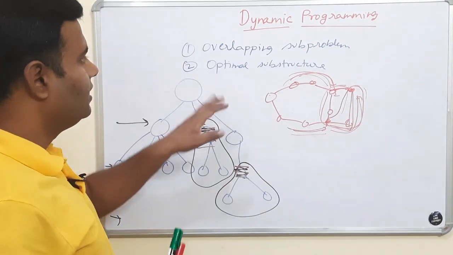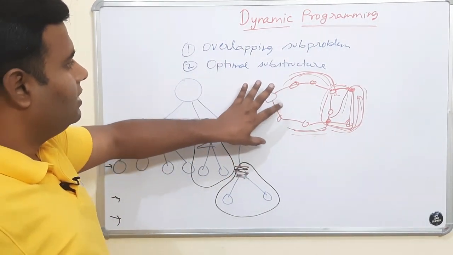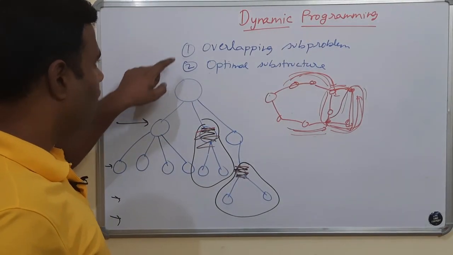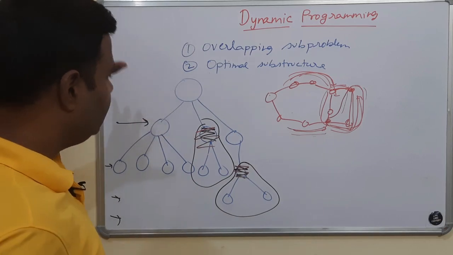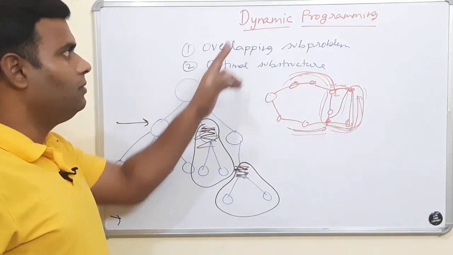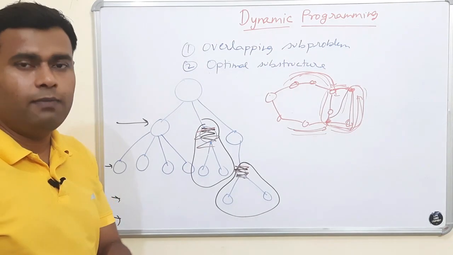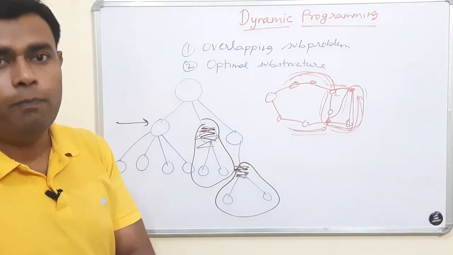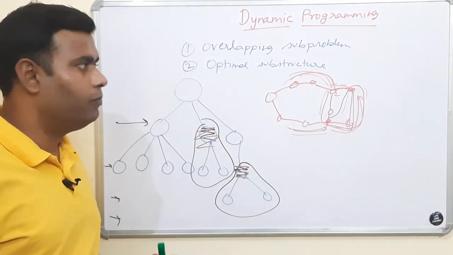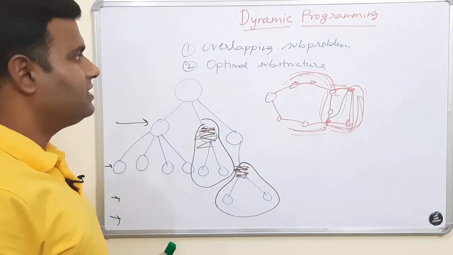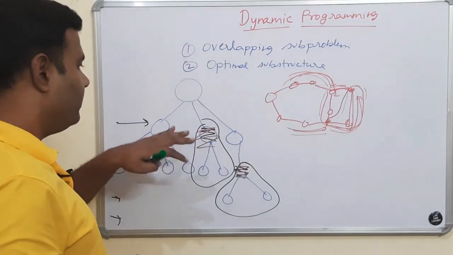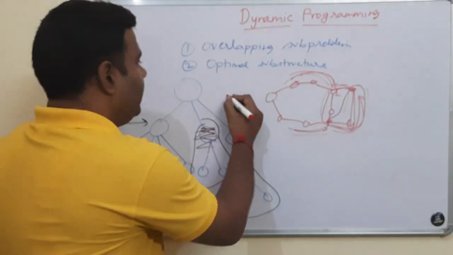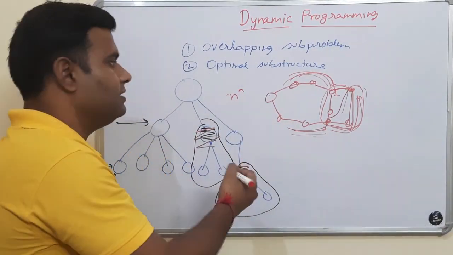But if you have both overlapping subproblems and optimal substructure, then definitely you can solve the problem using dynamic programming, and it takes polynomial complexity, not non-polynomial. For example, if you go by brute force, solving each subproblem, your complexity goes to n to the power of something, n to the power m.